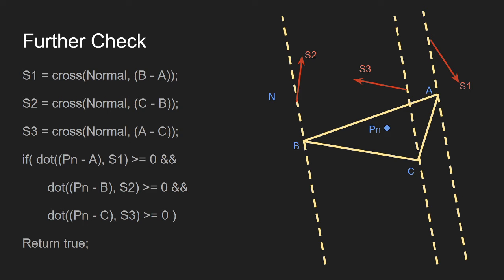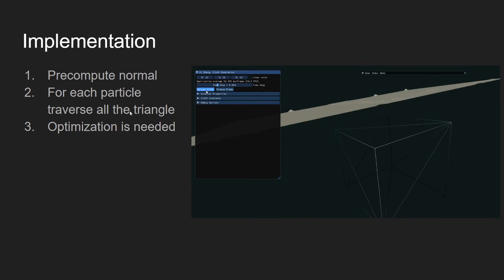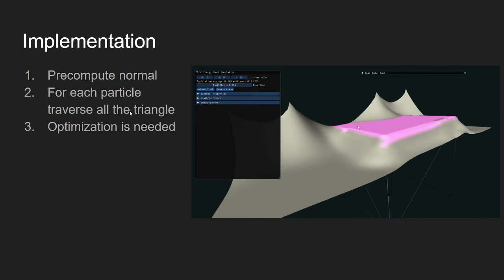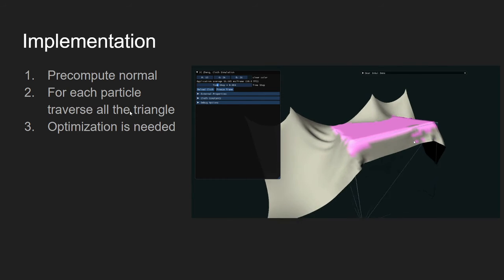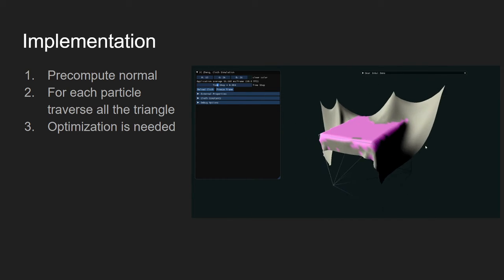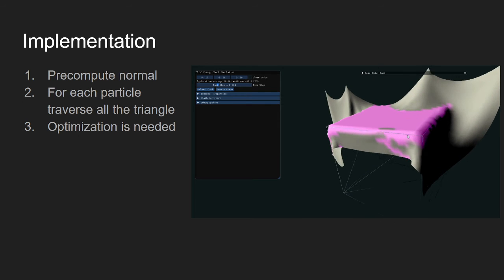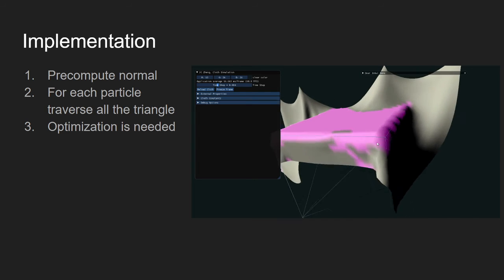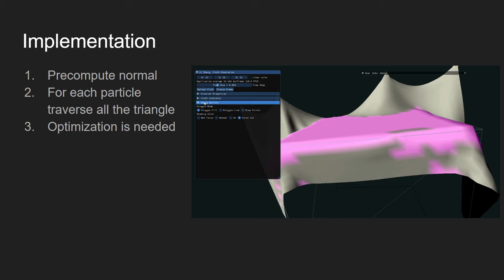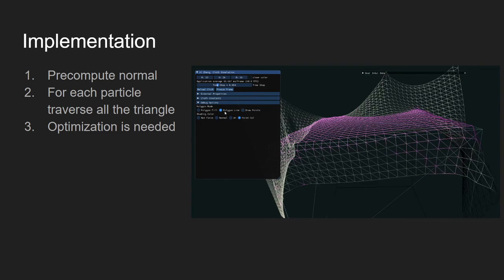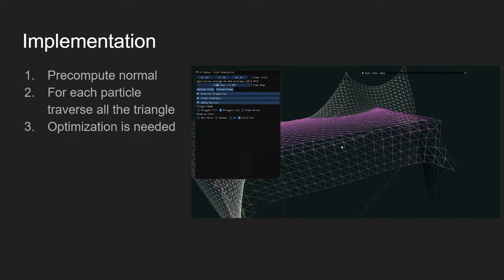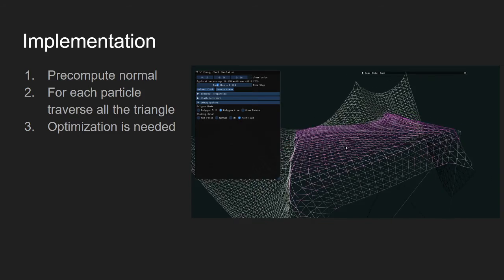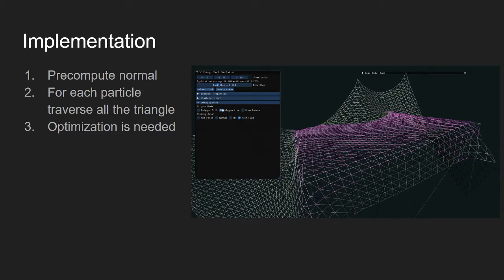So if the collision check finally returns yes, all I'm going to do is push this particle back to the surface, and this is the output of my second checkpoint. For this one, I just did a little bit of optimization because I pre-compute the normal.